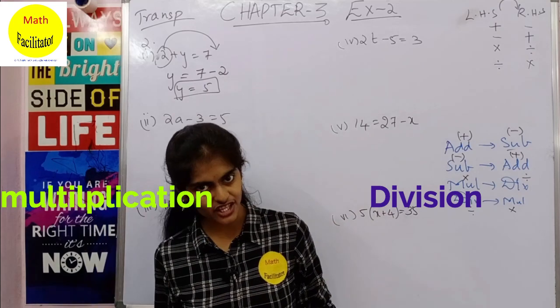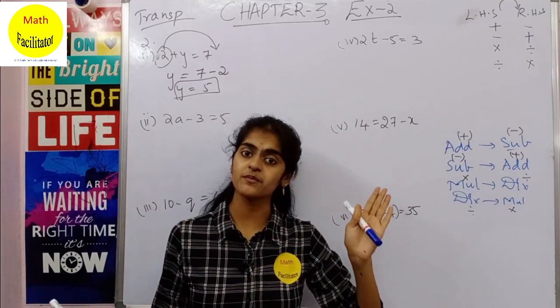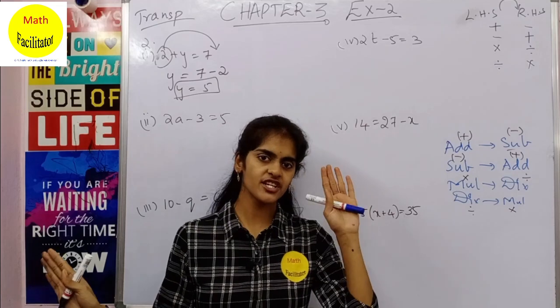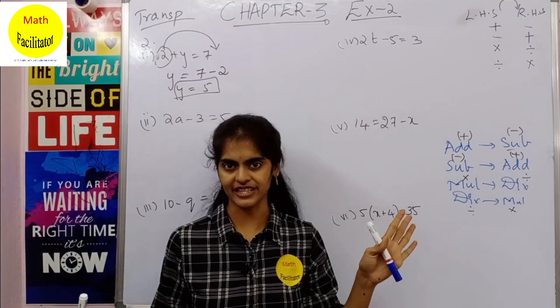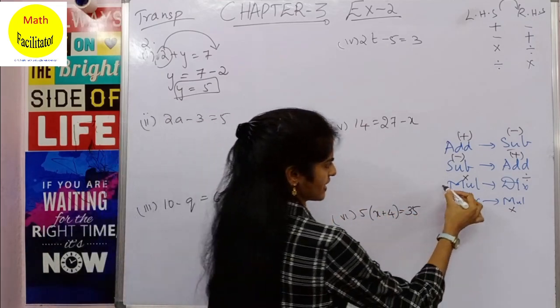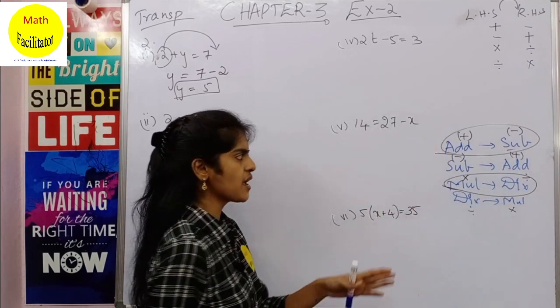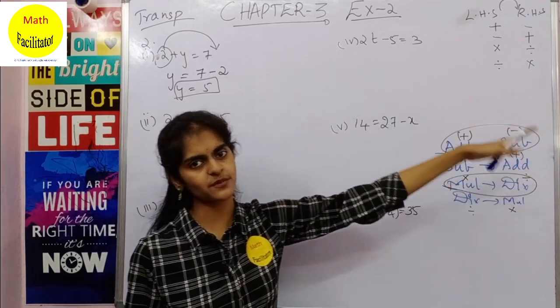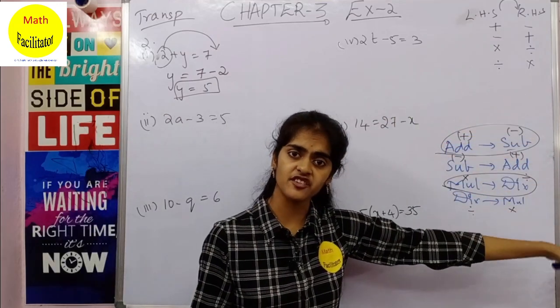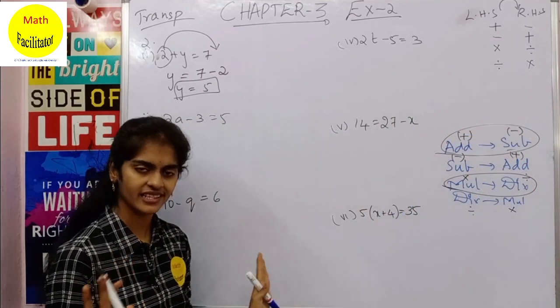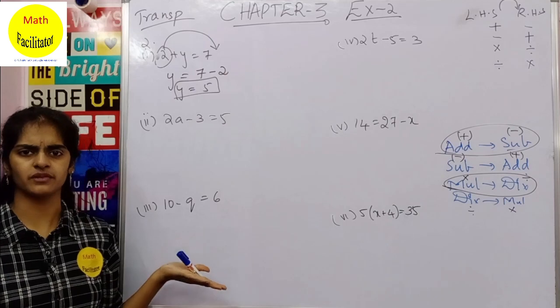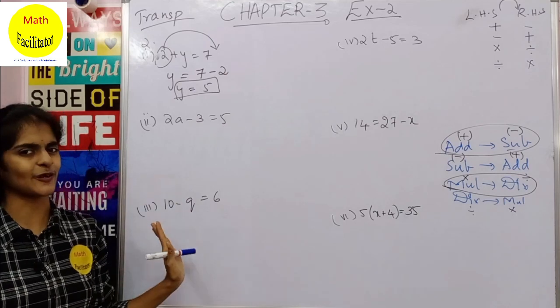If you have division, it becomes multiplication. Just remember these two pairs together: multiplication, division, addition, subtraction. Plus becomes minus, minus becomes plus, multiplication becomes division, division becomes multiplication. That's it. Very simple. Take a deep breath, you got the answer.